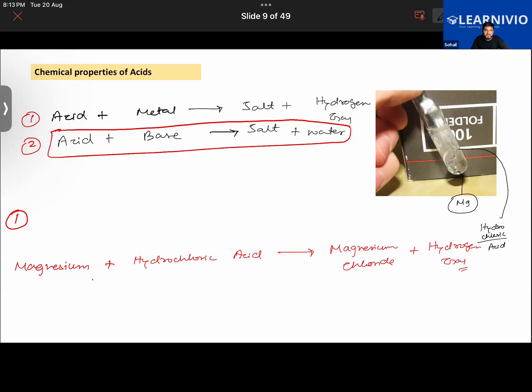Yes, Aman, what did you understand from this? Zunaira? Sir, I learned that if we combine different acids and bases, we get salt.